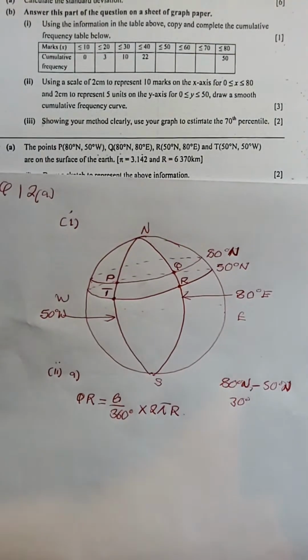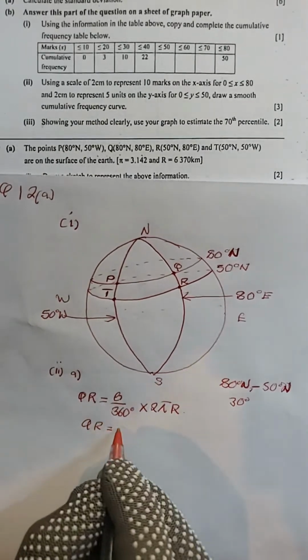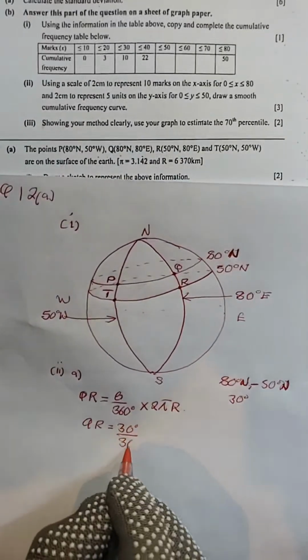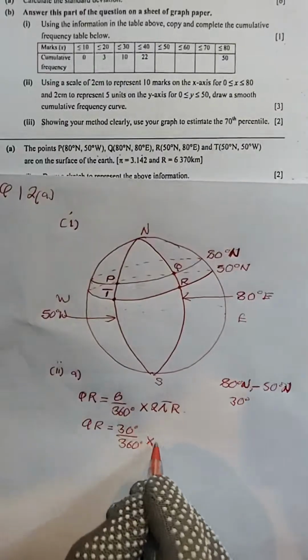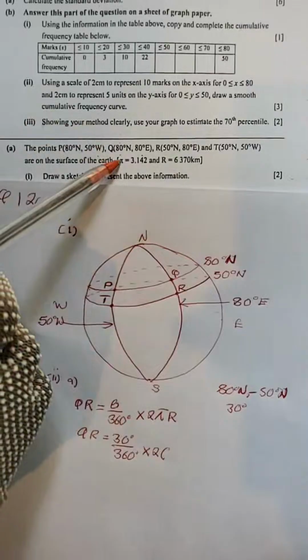So here we're going to substitute with 30 degrees. We're going to say QR is equals to 30 degrees over 360 degrees times 2 times, check the pi we are given here as 3.142.